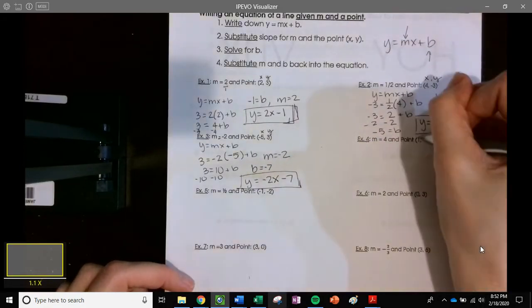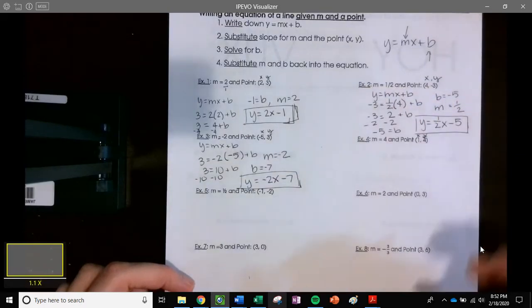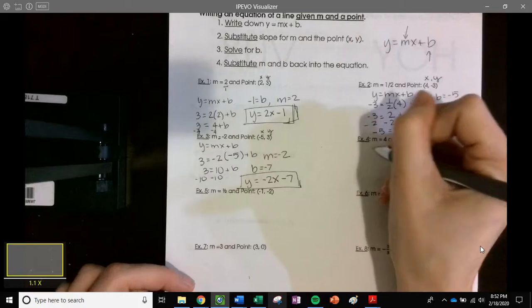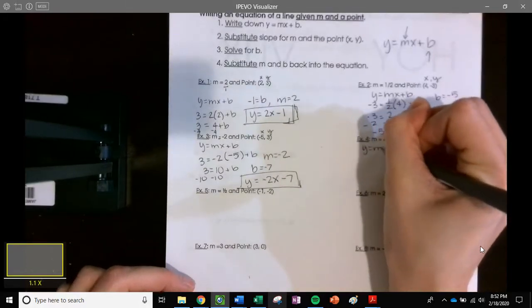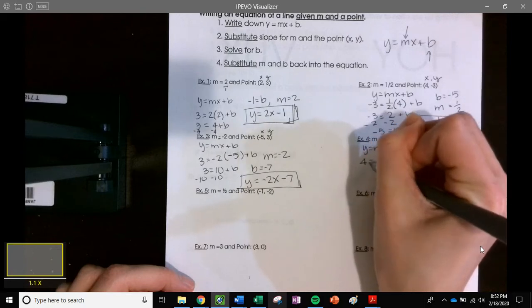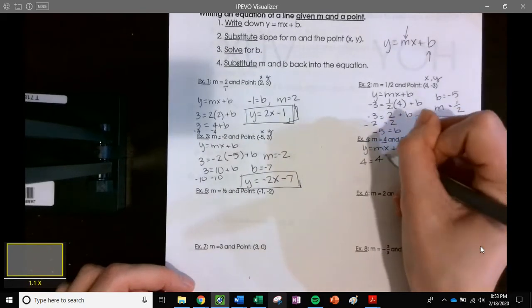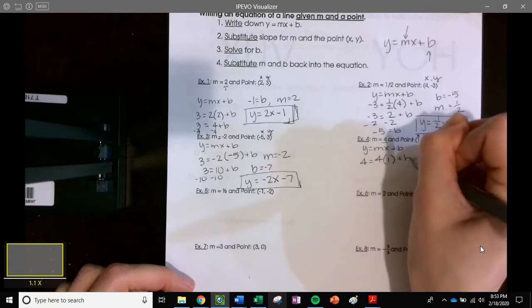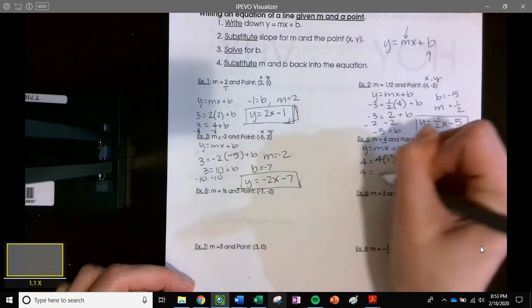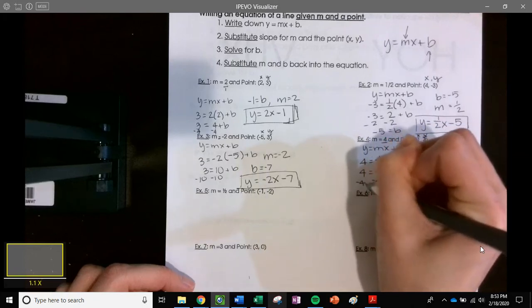Example number 4. 1 is x, 4 is y. My equation is y equals mx plus b. I'm going to fill in the y. I'm going to fill in the m that I was given. And I'm going to fill in the x. And I'm going to solve for b. 4 equals 4 plus b. Subtract 4, subtract 4.